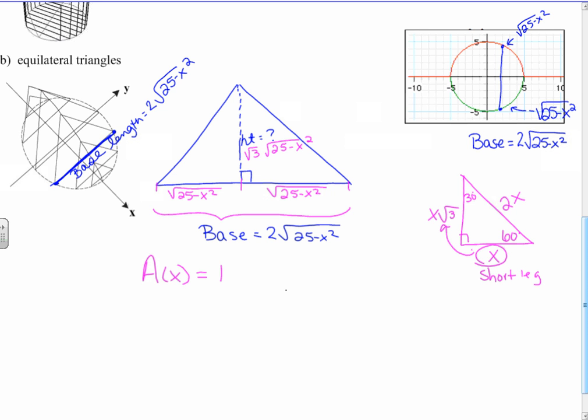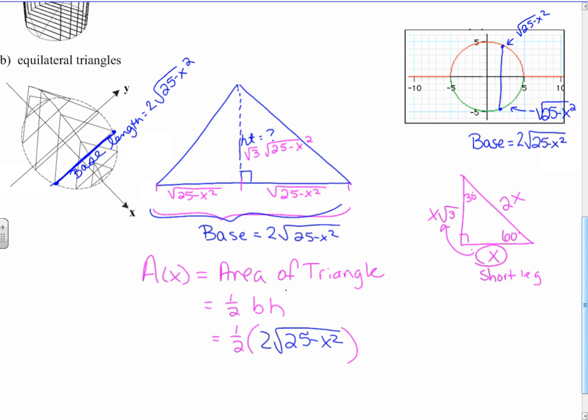So the area of the triangle is 1/2 base times height, or 1/2 the base, 2 root 25 minus x squared, because I want the full base, right?